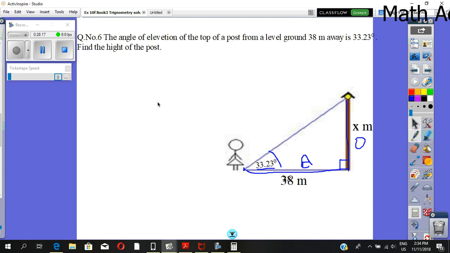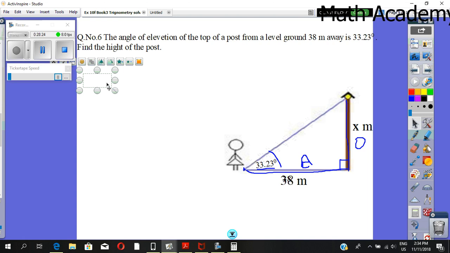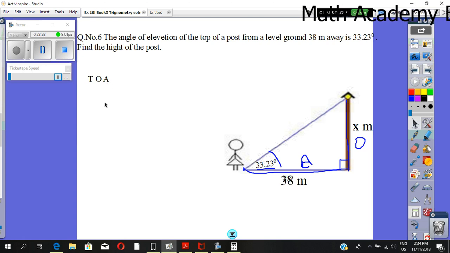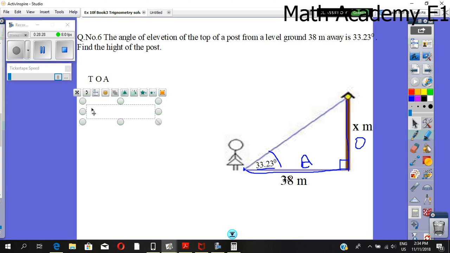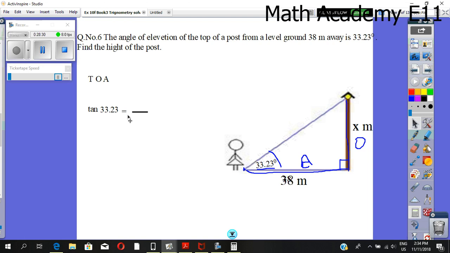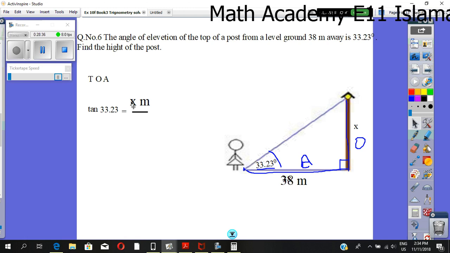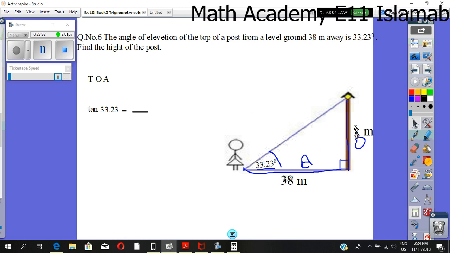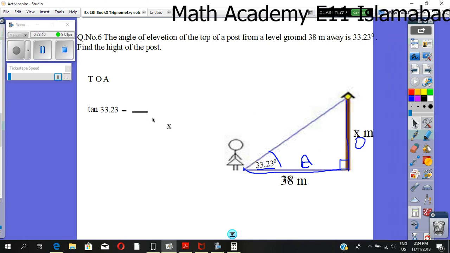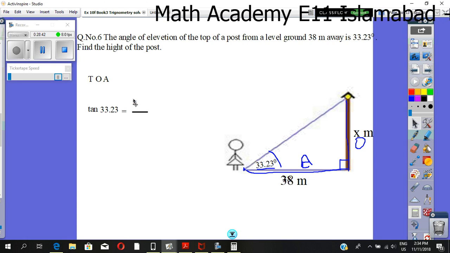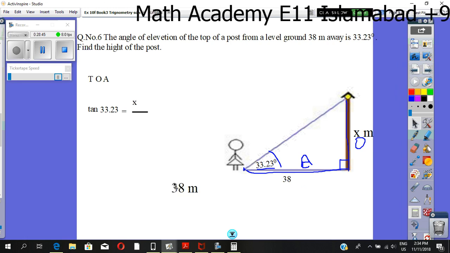Let's apply. Tan 33.23 gives us the opposite, x, over 38.